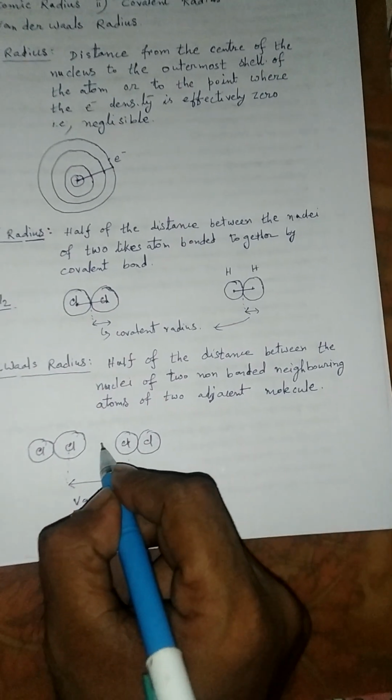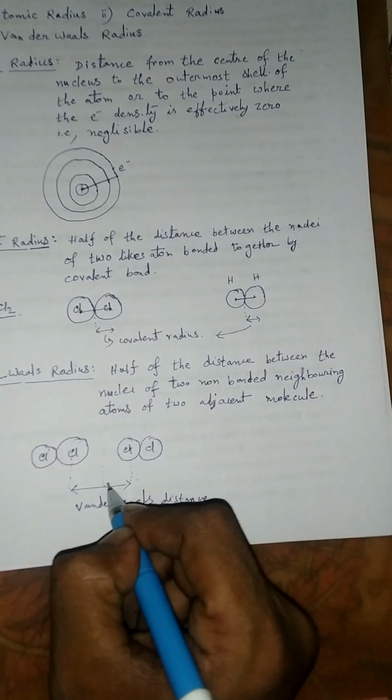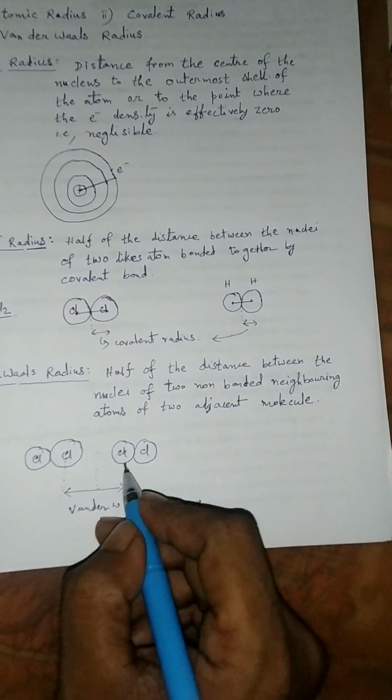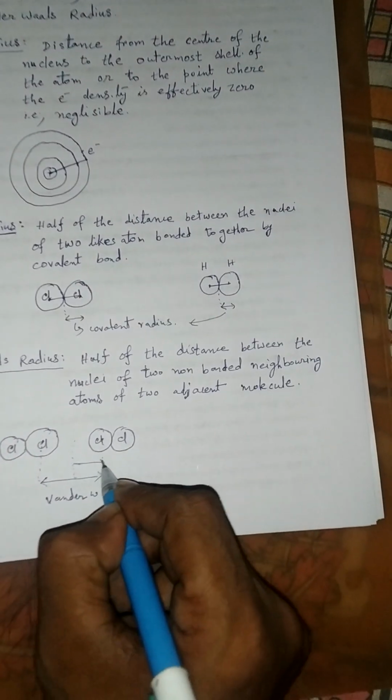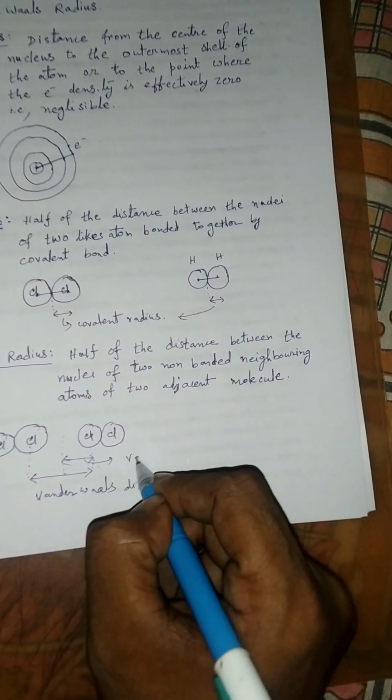This distance is called the van der Waals distance, and half of the van der Waals distance is called the van der Waals radius.